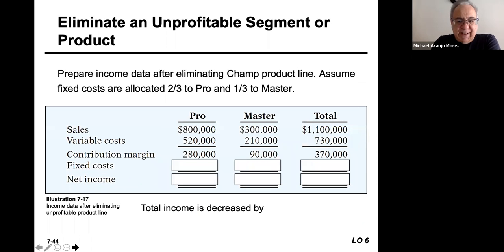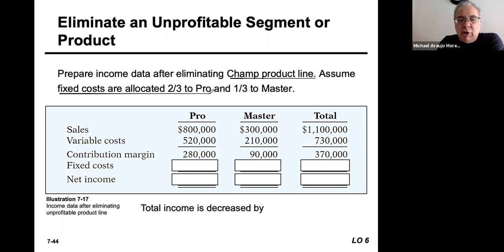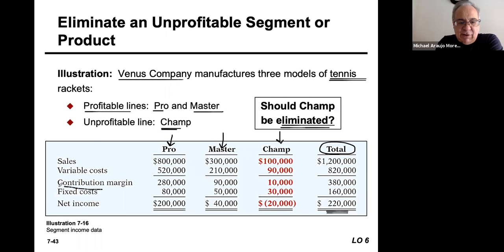Well, let's find out. If you were to eliminate the Champ product line, your fixed costs are going to be reallocated. 2/3 of them are going to be allocated to the Pro line. 1/3 is going to be allocated to the Master line. So let's go back here and understand these fixed costs for Champ do not go away.